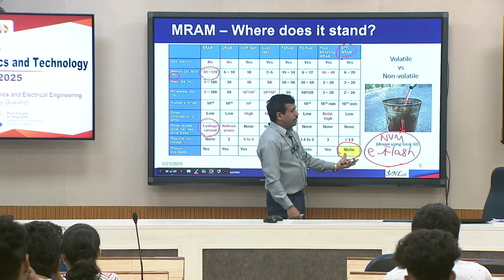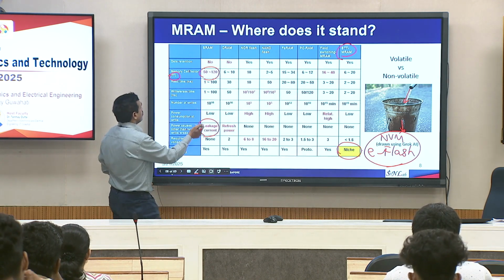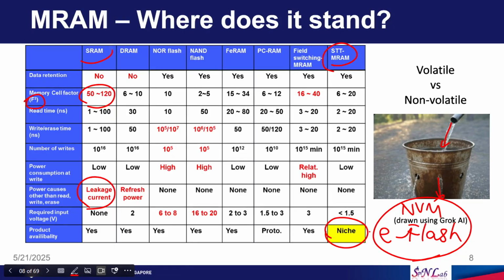Okay. So, this is where MRAM is currently being used, and we are looking at some other technology which may probably replace SRAM. This is the research work that is happening, and SRAM and DRAM are volatile memory. That means, if you switch off the power, they will lose their data, whereas MRAM is non-volatile.